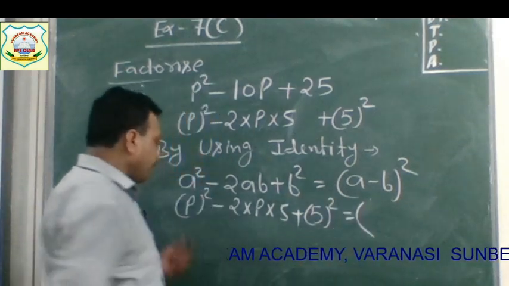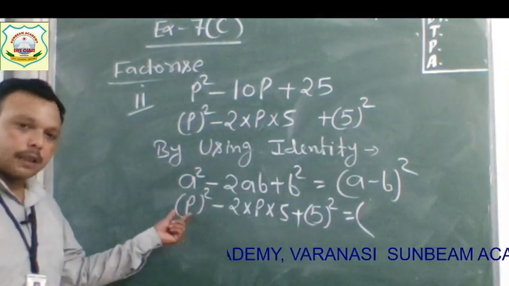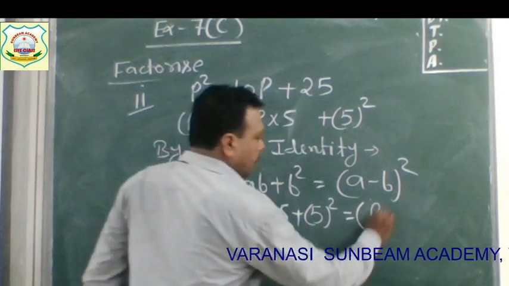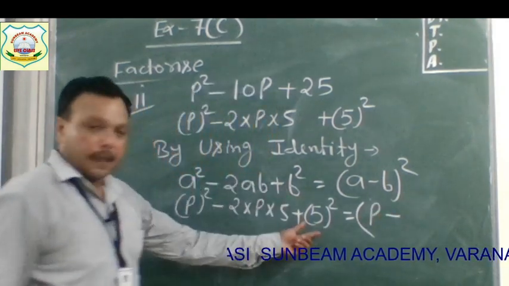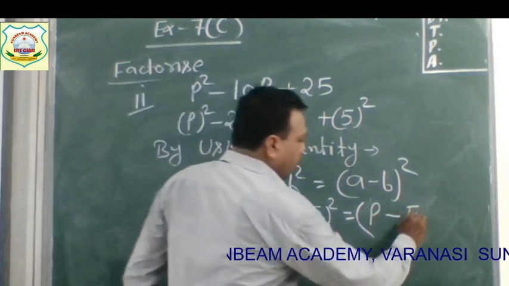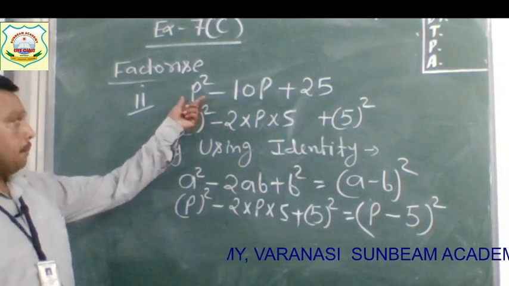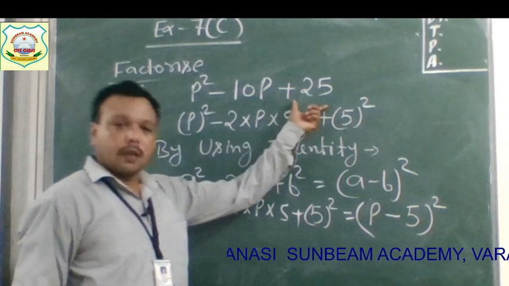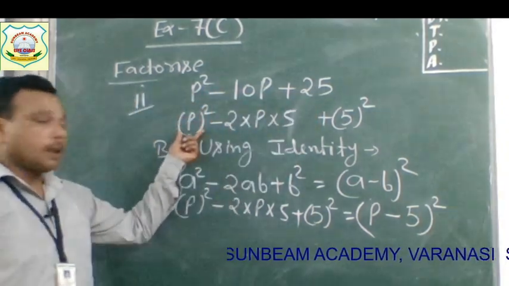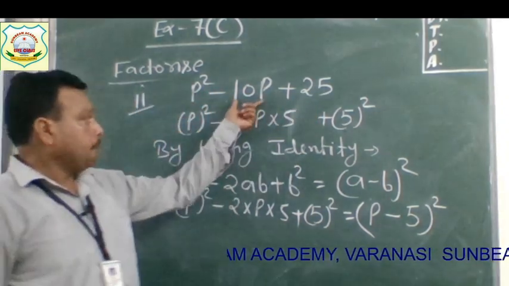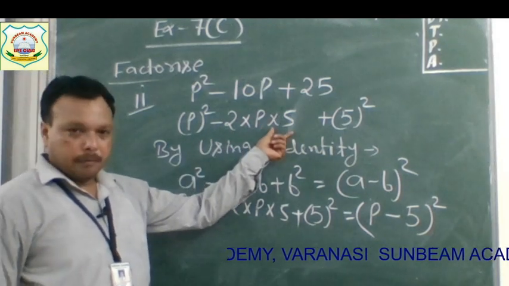What is the value of a here? A square is p square, so a is p. P minus b, that is 5. P minus 5 whole square. It will be your answer, students. Again, p square minus 10p plus 25. So, p square we will write the same. 10p is 2 into p into 5.